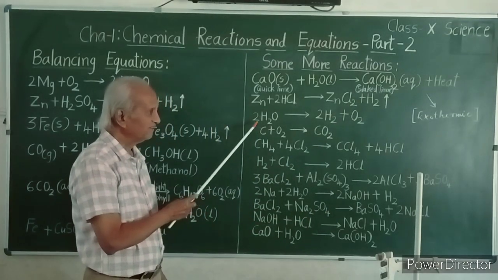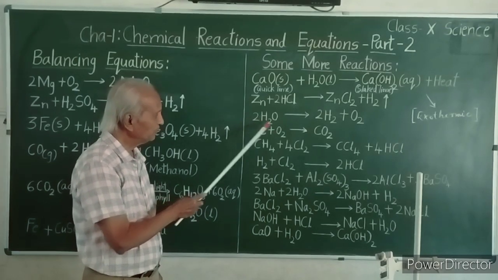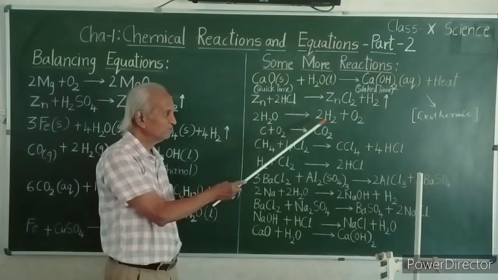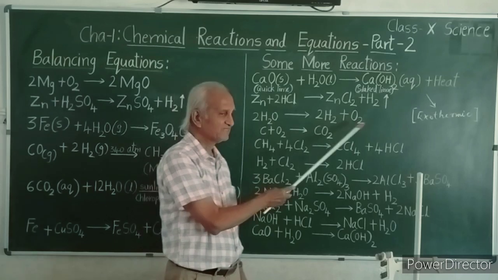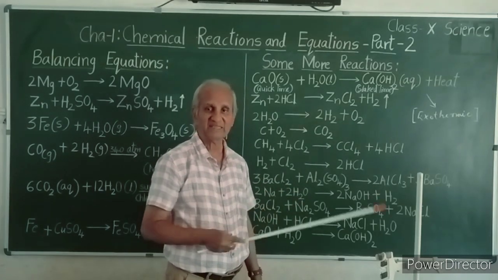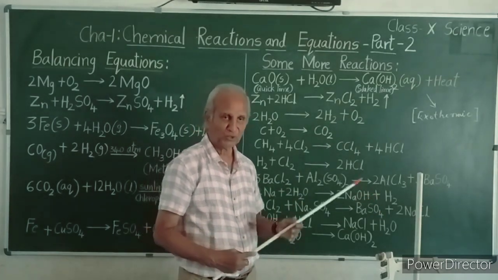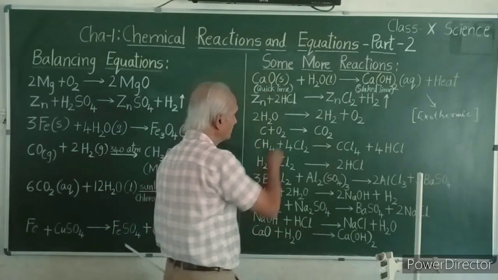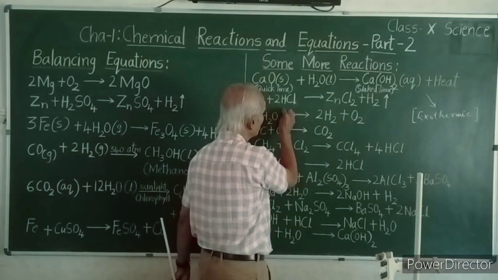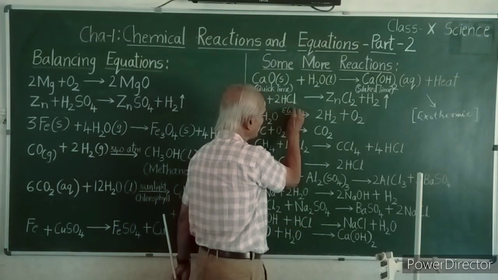We move to the next. It's a very simple one. 2H2O gives 2H2 plus O2 when electricity is passed. Here I can write electrolysis.